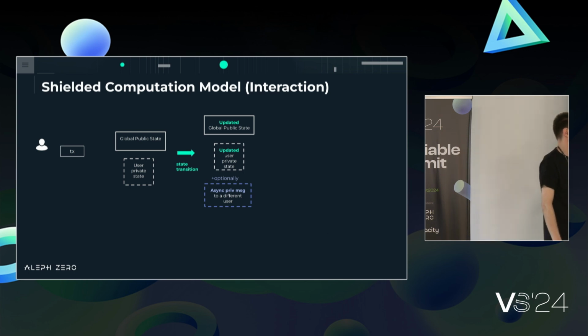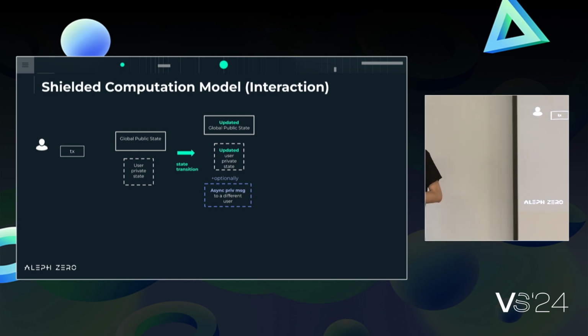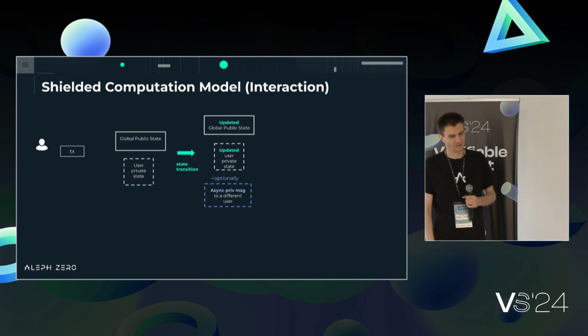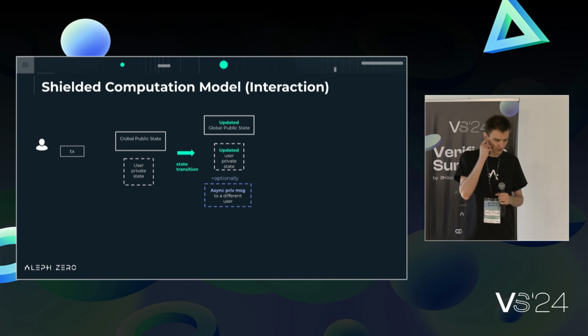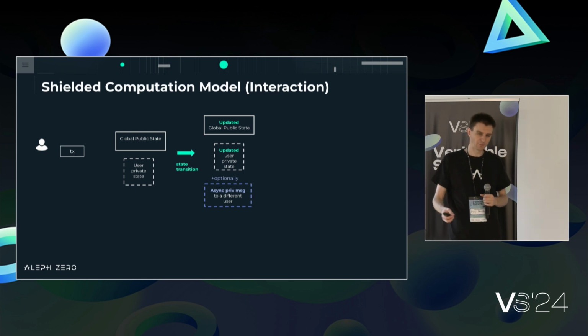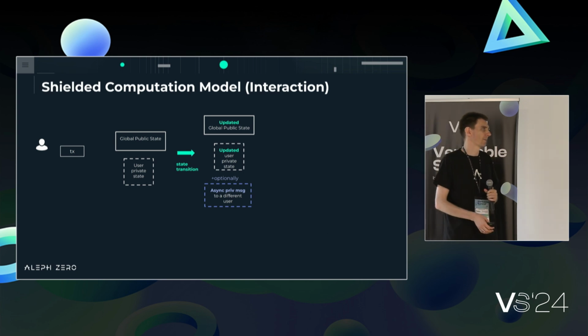Also, there is this blue part here, which is sending some kind of asynchronous messages. And we'll see it in a second, this is a way for the user to interact with other users. Because if he keeps playing with his own private state, then yeah, this has some expressive power, but it's not so much.